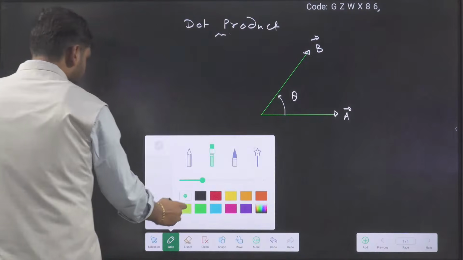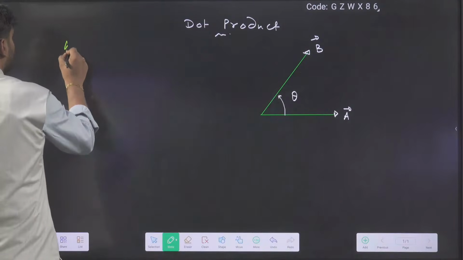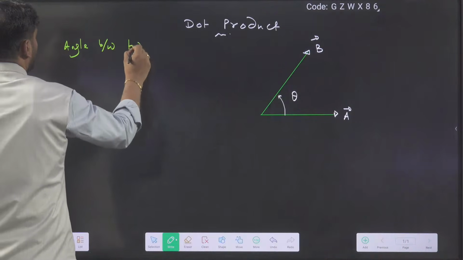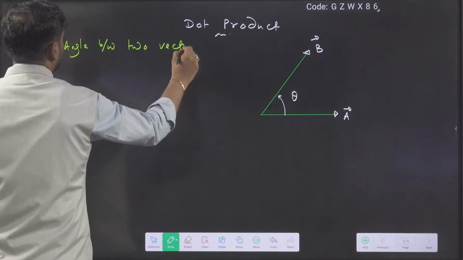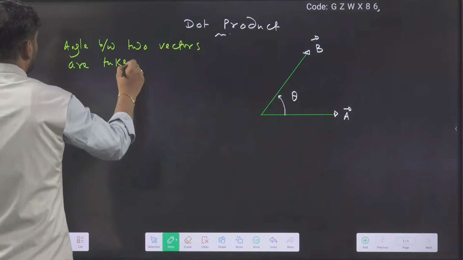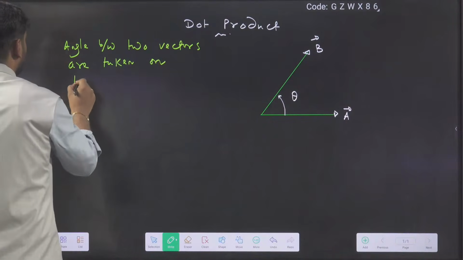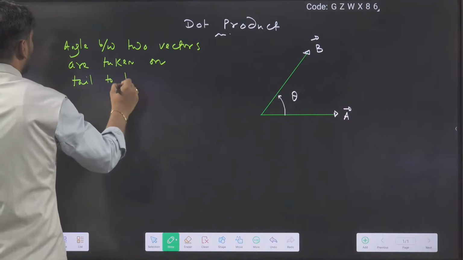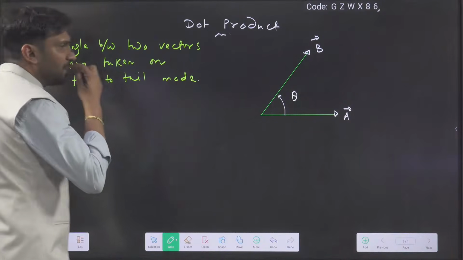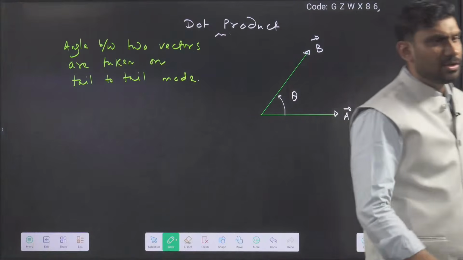See, the angle between two vectors is taken in tail to tail mode.